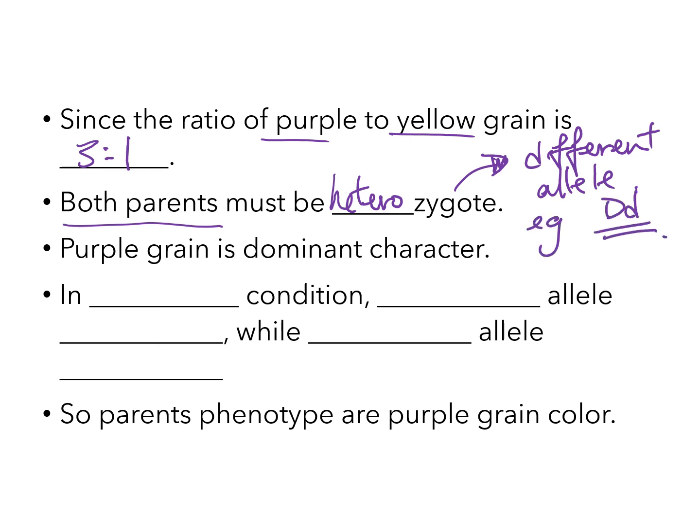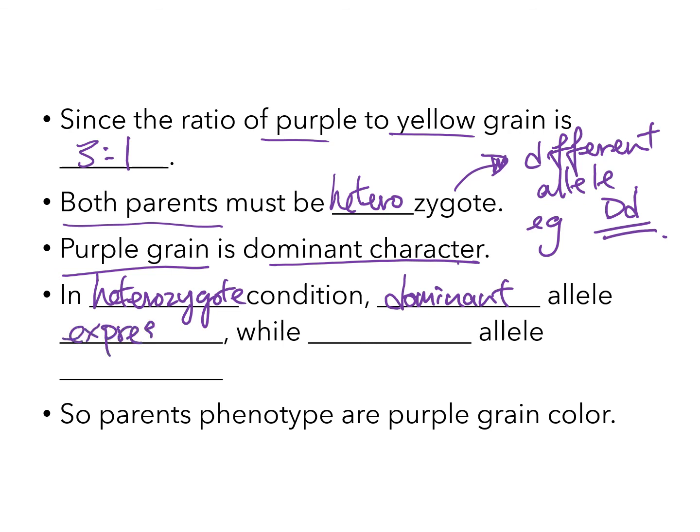Alright, so now the purple grain is the dominant character and dominant allele in a heterozygote condition, which you have different allele. Which allele will express? It should be the dominant allele, right? Dominant allele will express. While which allele will be masked?